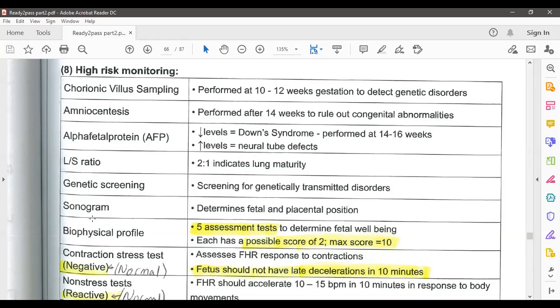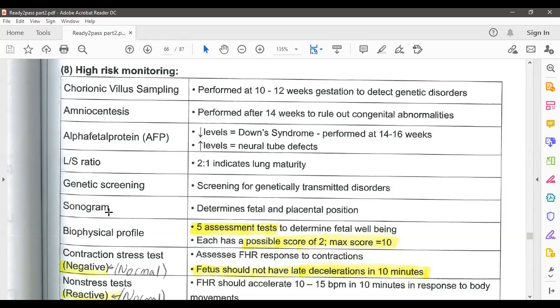A sonogram or ultrasonogram is a diagnostic procedure using high frequency sound waves to visualize the developing fetus. Indications are to confirm the pregnancy or site of implantation, or to assess fetal growth, development, and movement, right?